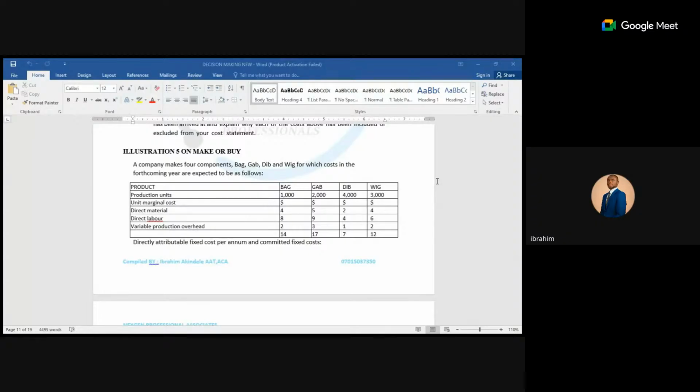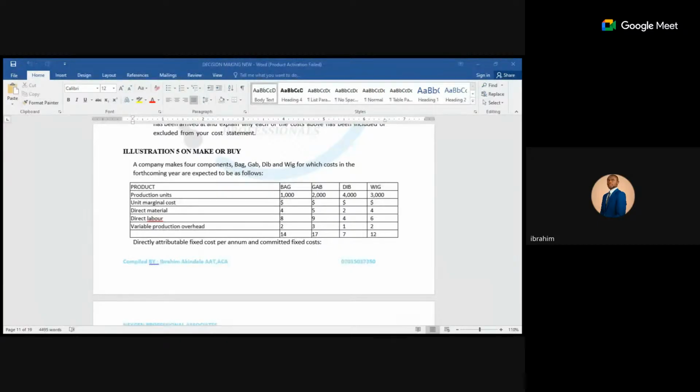Maybe you want to buy it outside because the cost is too high, so you can decide to buy it outside. So we need to compare the cost. An organization will not just say, should we make this product or should we buy it? It still depends on the cost, in-house and outsource.